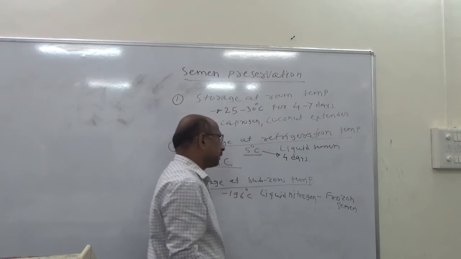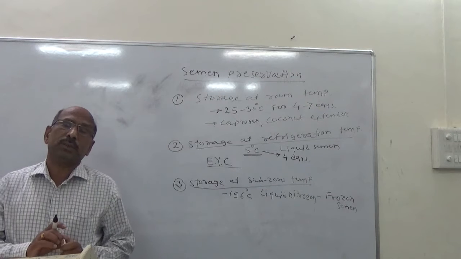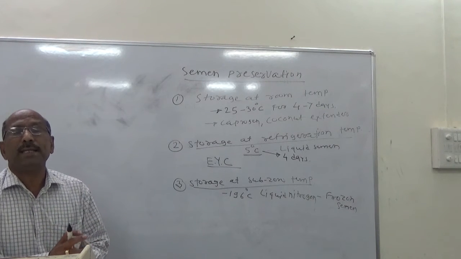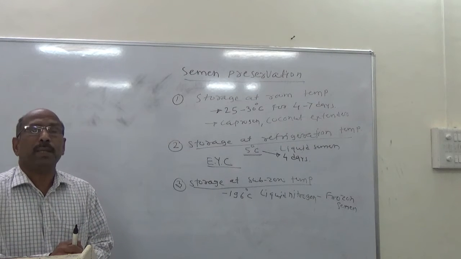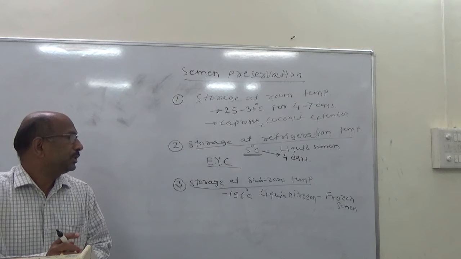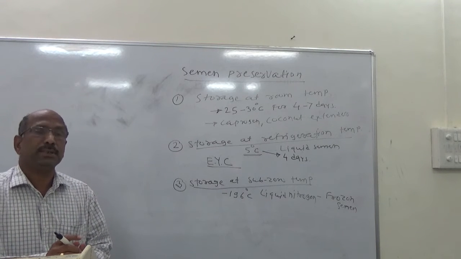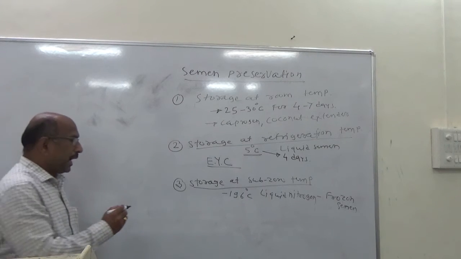The semen can be preserved at minus 196 degrees centigrade for long periods, that is, many years.